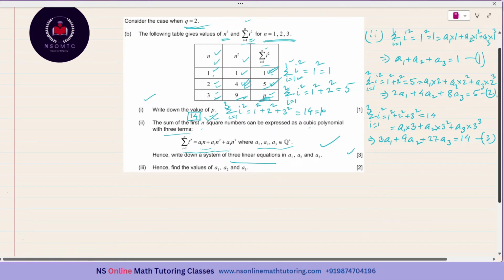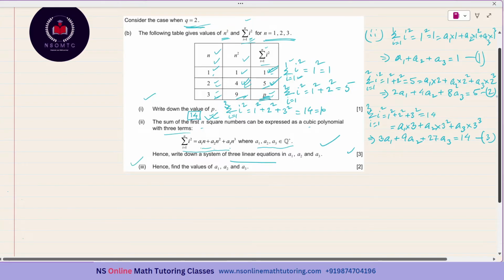Fine. Hence, the third subpart: hence find the values of a1, a2 and a3. This is paper 3, so we can of course use the calculator. But before that, I cannot enter a1, a2, a3 in the calculator. So let us assume a1 be equal to x, a2 be equal to y, and a3 be equal to z. Okay.